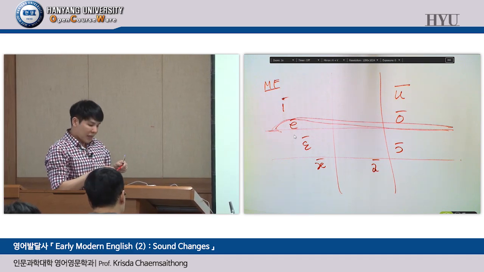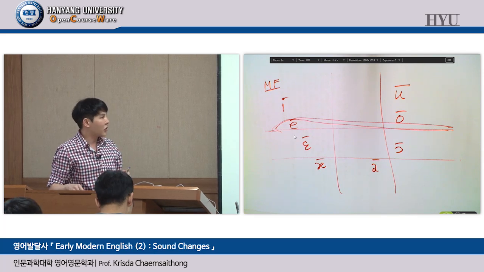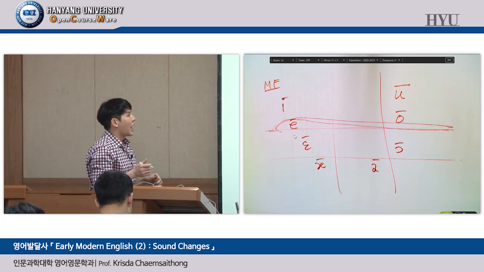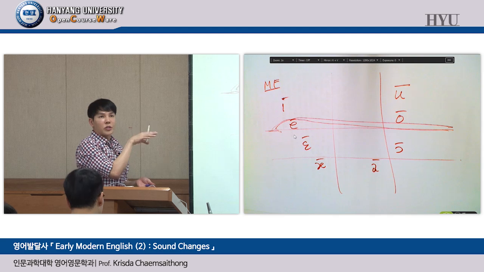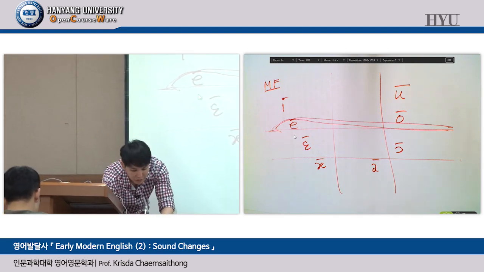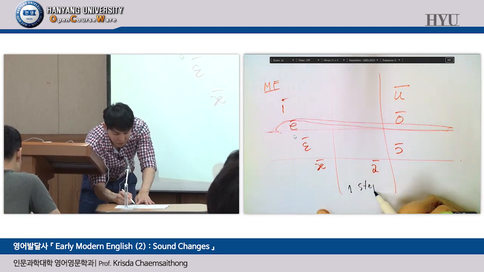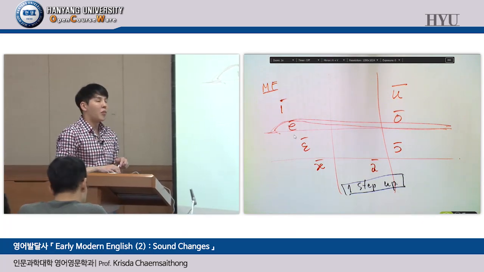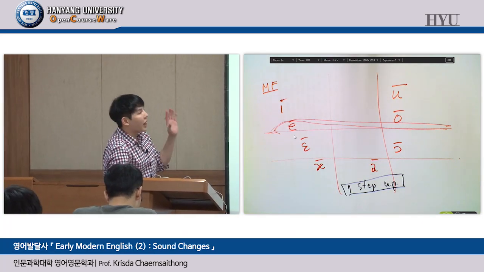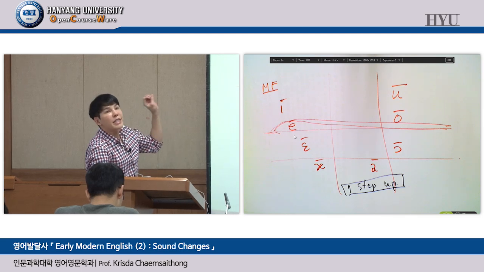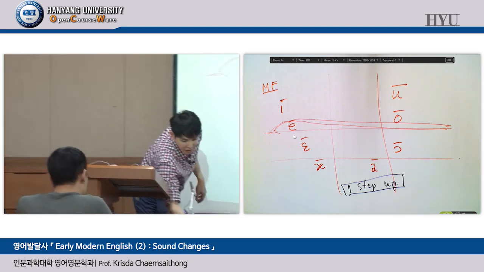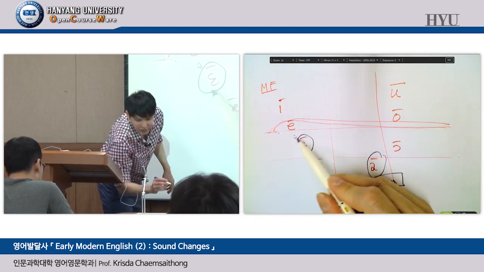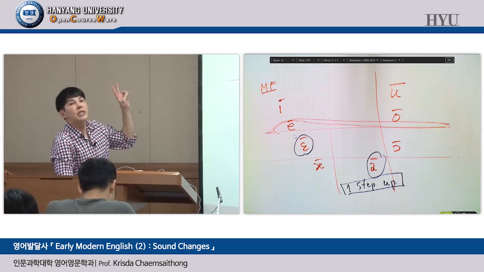So what happened in the Great Vowel Shift over 400 years is that most of the long vowels moved one step up from where they are. Some of them, this one and this one, involve 2 steps, okay?